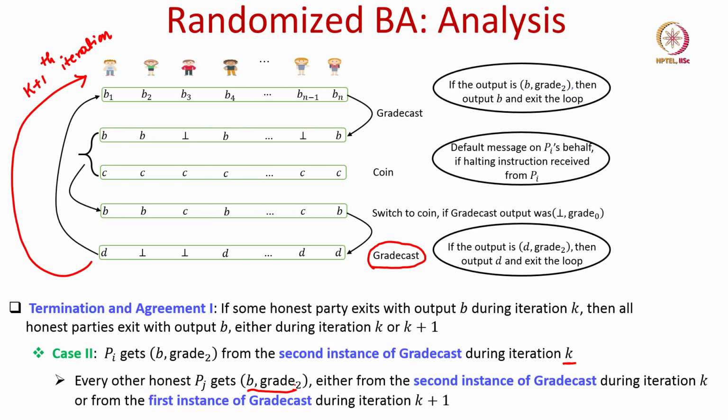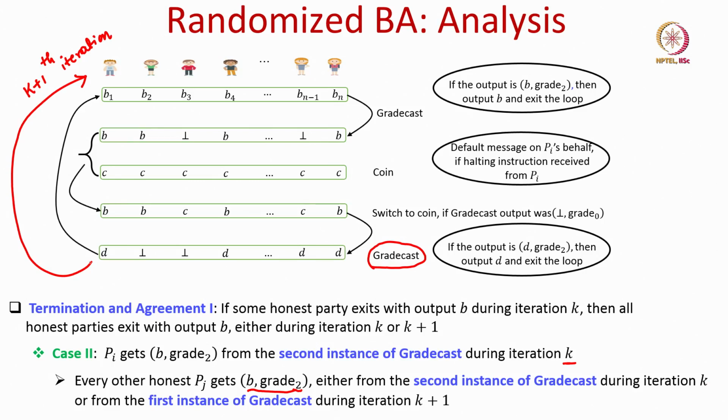Well, it could be possible that there are some parties who do not decide to go to the next iteration, because they also would have obtained the output B with highest grade from the iteration k only. So, they also would have exited the protocol with the output B during the iteration k itself.